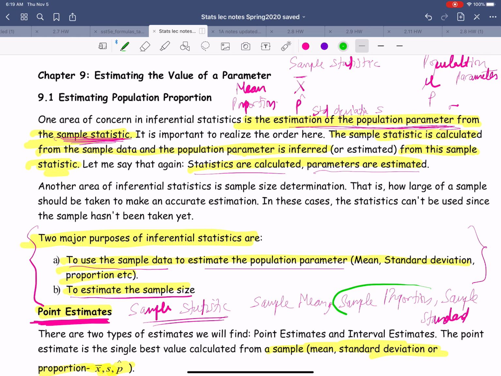In the next section, we will discuss sample mean, and the following section will be sample standard deviation, to use these to estimate population parameters.